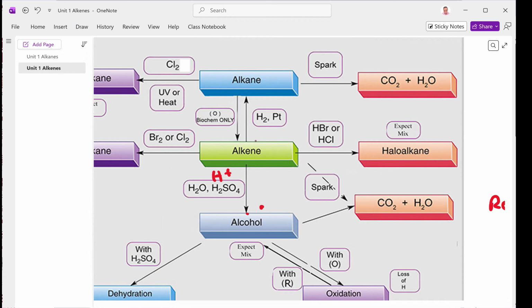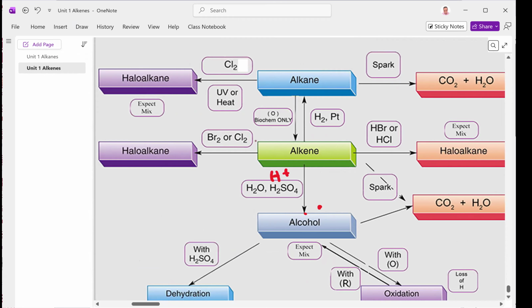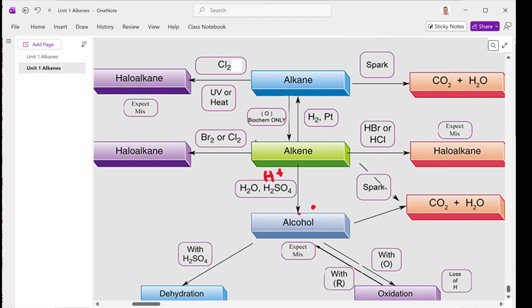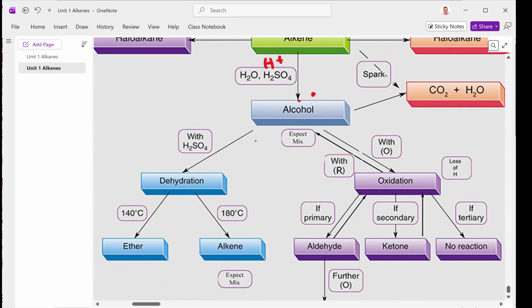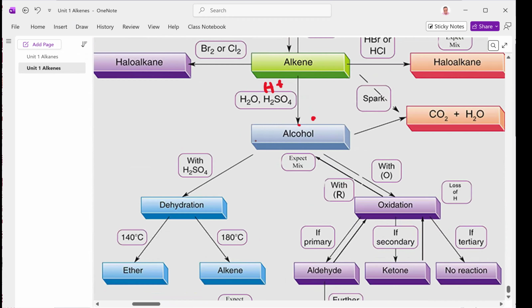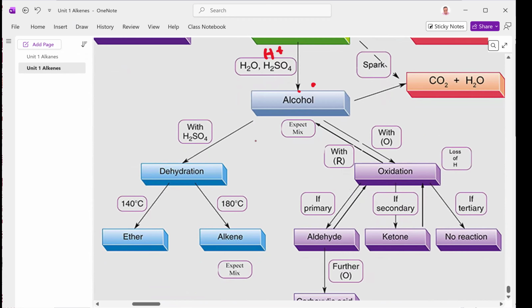Okay, another example. We wanted to make... notice there's another way to make an alkene.